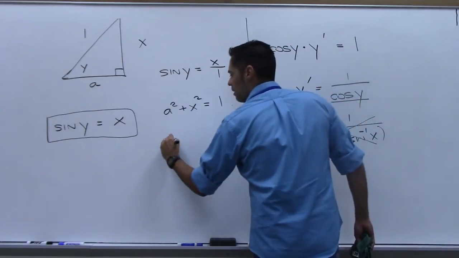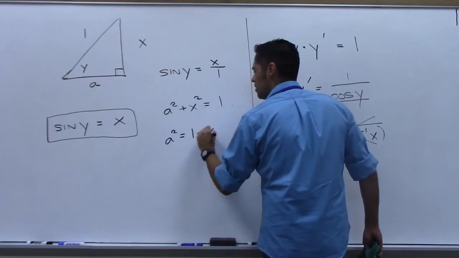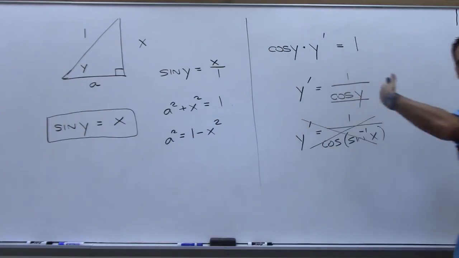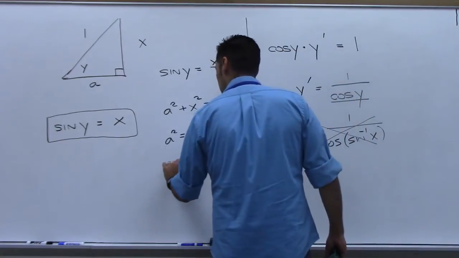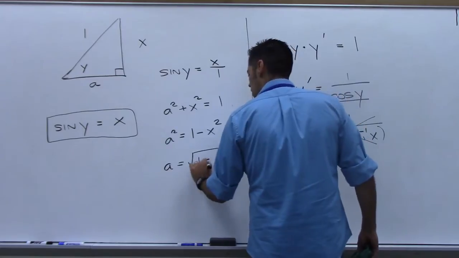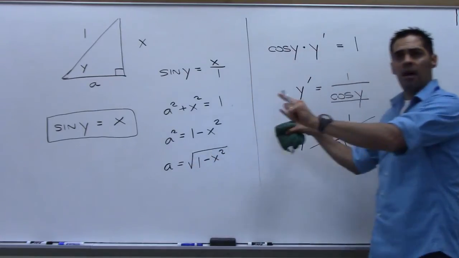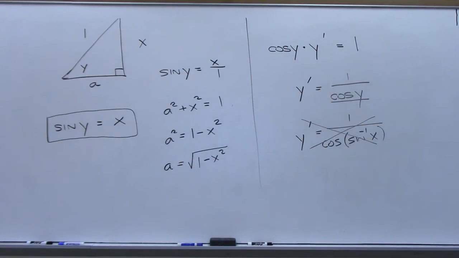And so A squared equals 1 minus x squared. I'm just isolating the A squared, moving the x squared to the other side. Finally, square root. Do we need plus or minus? No. We're assuming A is a positive length of the side of a right triangle. So that's A.